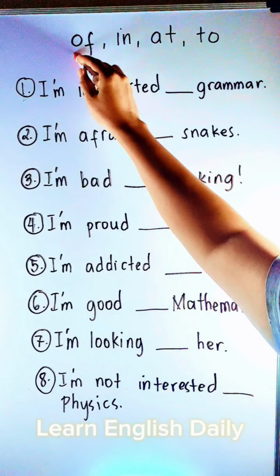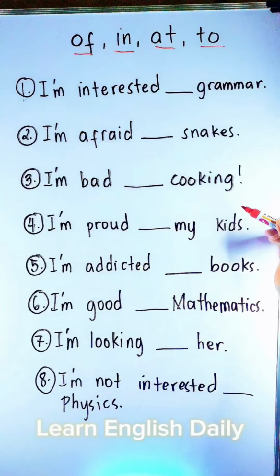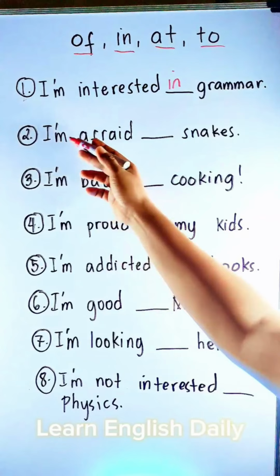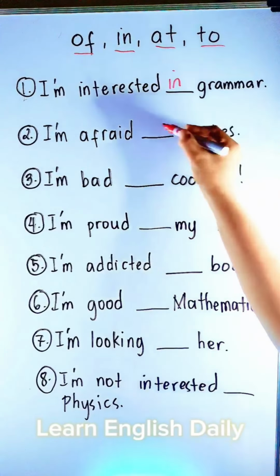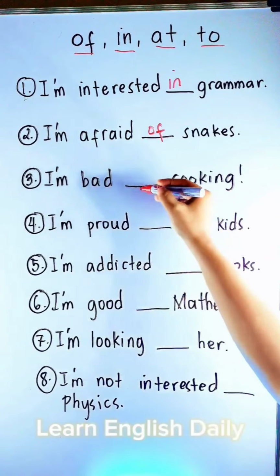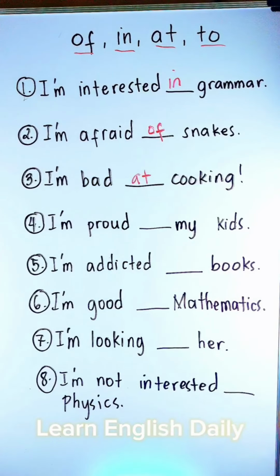Prepositions of, in, at, and to. Number 1, I'm interested in grammar. I'm afraid of snakes. I'm bad at cooking.